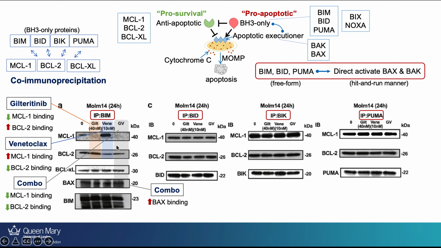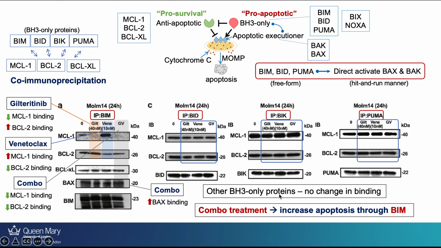Interestingly, the combination showed a decrease in both MCL1 and BCL-2 binding, and also an increase in BAK, the apoptotic executioner, in the binding pattern. This result shows that BIM attaches to BAK much more, leading to apoptosis. For other BH3 proteins, there is no change in binding pattern, and this experiment shows that the combination treatment increased apoptosis through BIM.